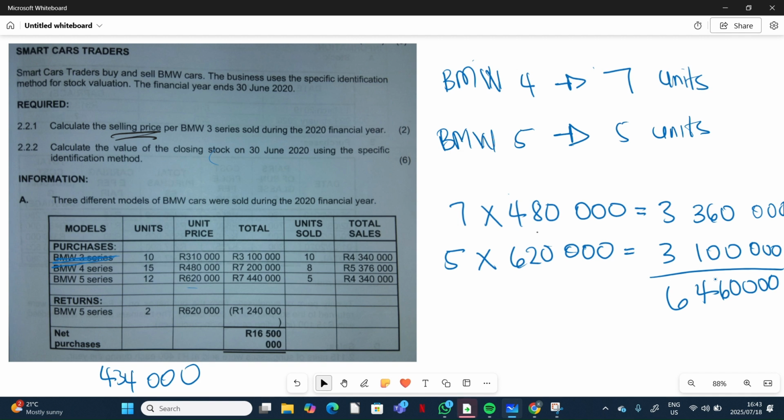And that right there is going to be the closing stock, right? So my bad guys for making that mistake. I was literally calculating the cost of sales, whereas they wanted the value of our closing stock, right? And that right there is how you calculate it.